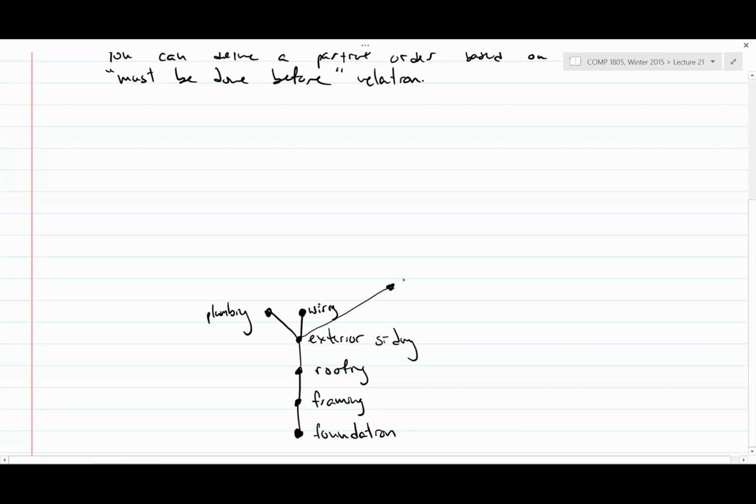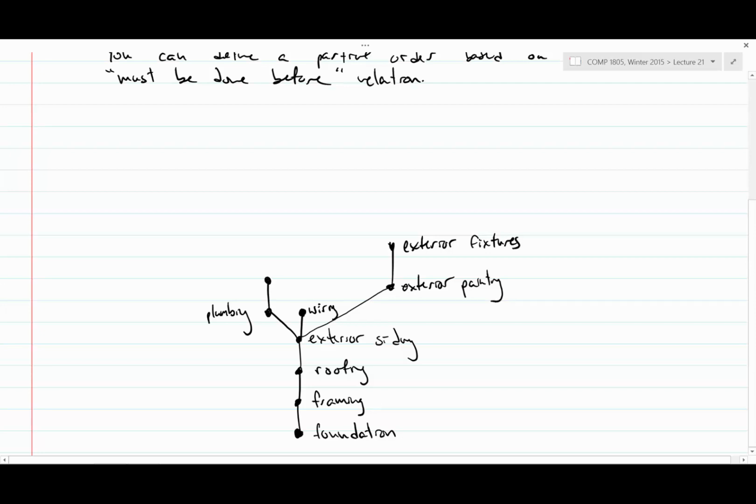And at some point you'll also need to do the exterior painting, but you can do that regardless of when you do the plumbing and the wiring. After you do the exterior painting, maybe you do the exterior fixtures. And this is somehow unrelated to the wiring and the plumbing.